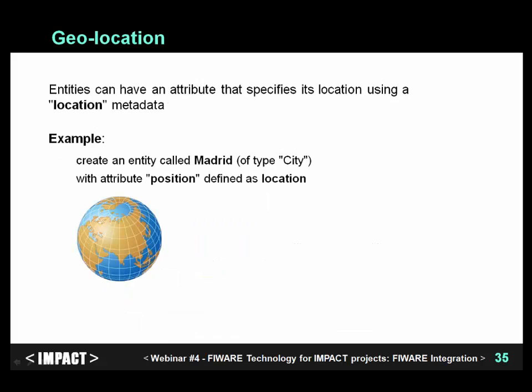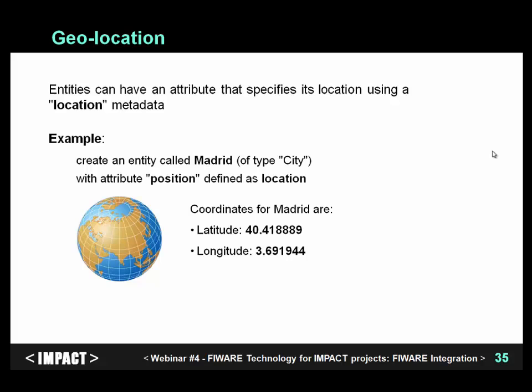An interesting feature of the context broker enabler is geolocation. This allows entities to have an attribute that specifies their location using a specific metadata. For example, you can create an entity called Madrid, of type city, which would have an attribute called position defined as location. So this is the specific of it, the location attribute.